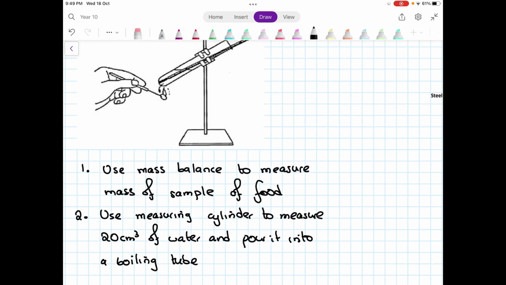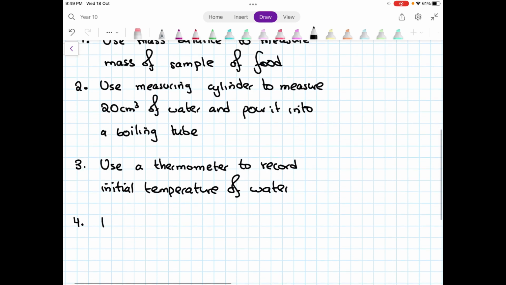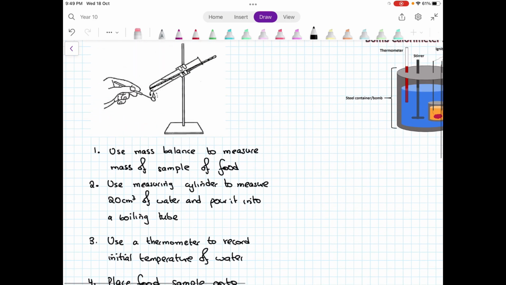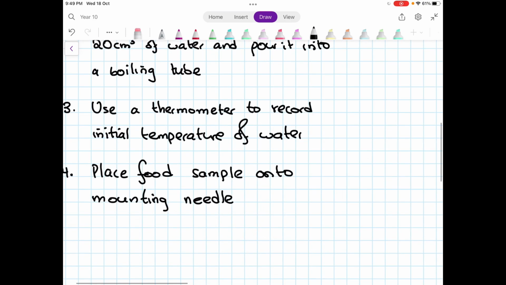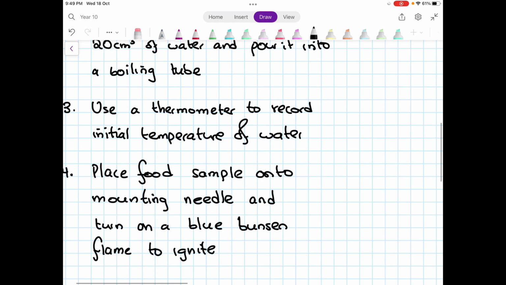Now we place the food sample onto a mounting needle. And then we can turn on a blue Bunsen flame to ignite the sample.